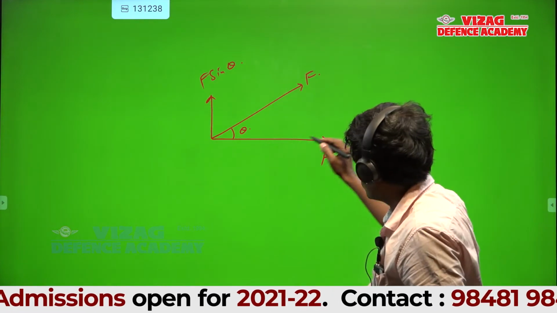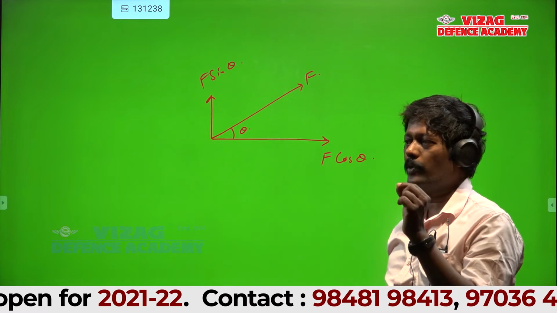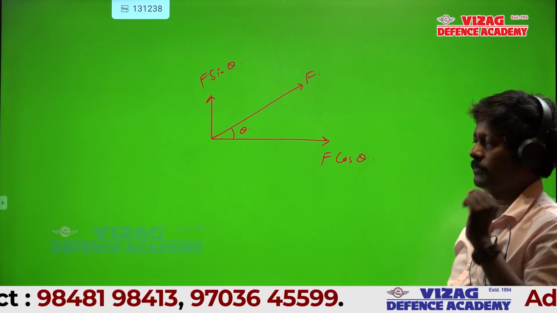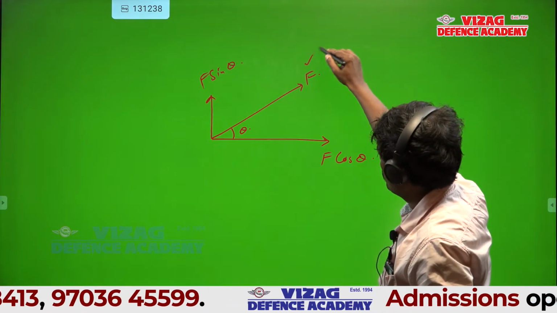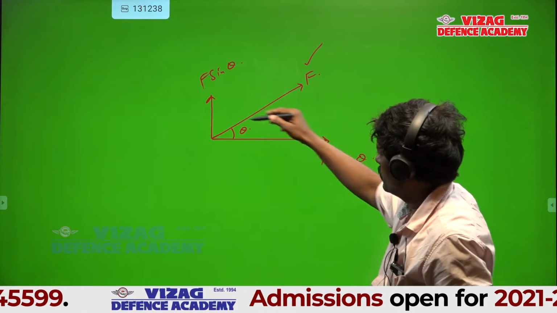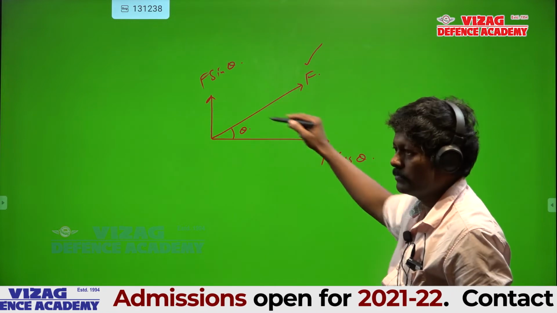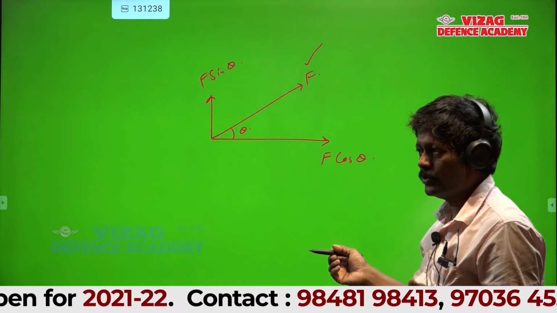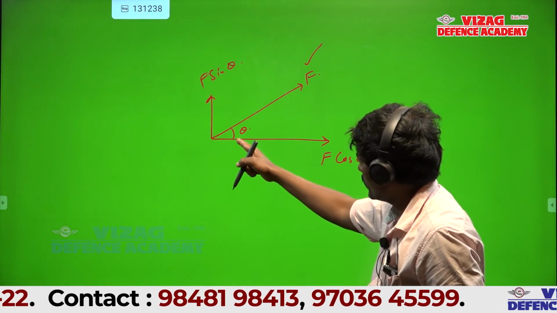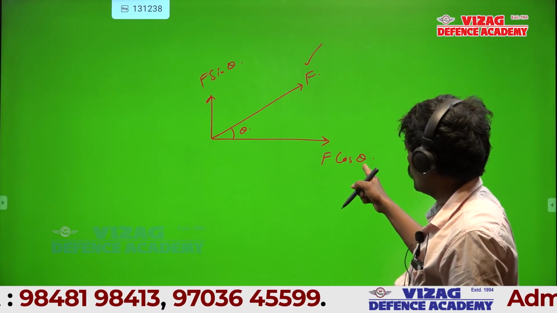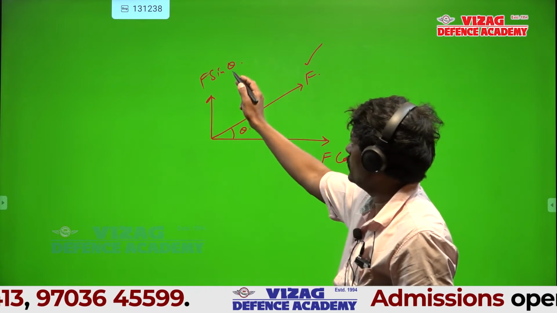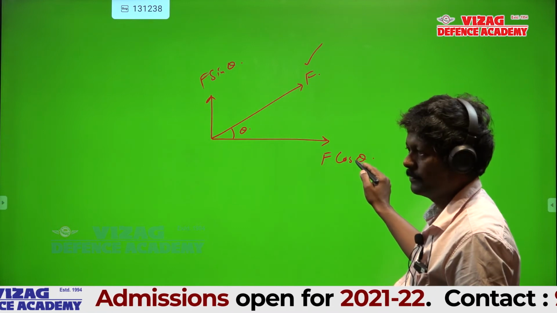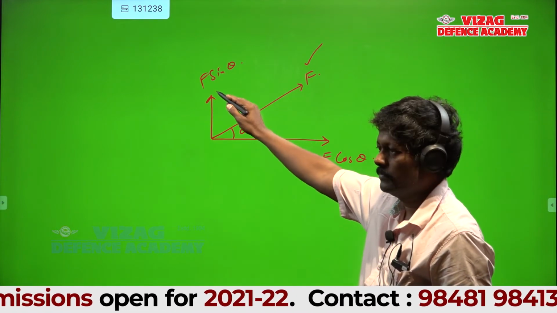These are called components. Component means part of the vector. This is the main vector. Parts of the vector are the two perpendicular components, both of them perpendicular to each other. The one which is adjoining theta will be F cos theta, the other one will be F sin theta. Where you have theta, that will be cos term, the other will be sin term.